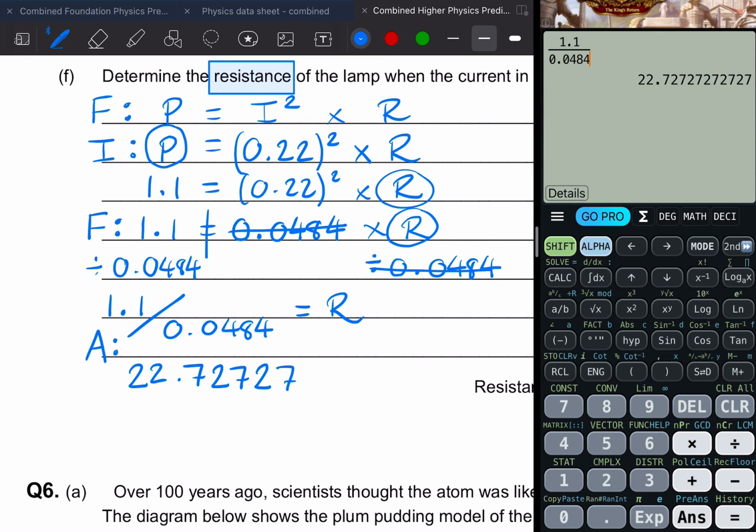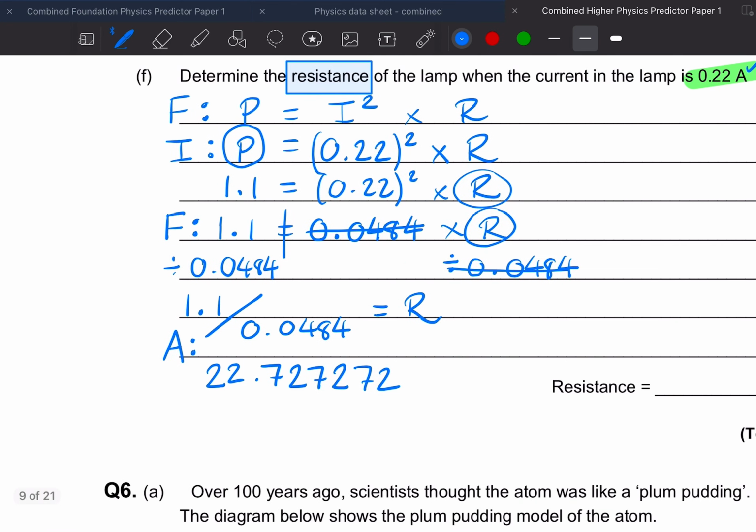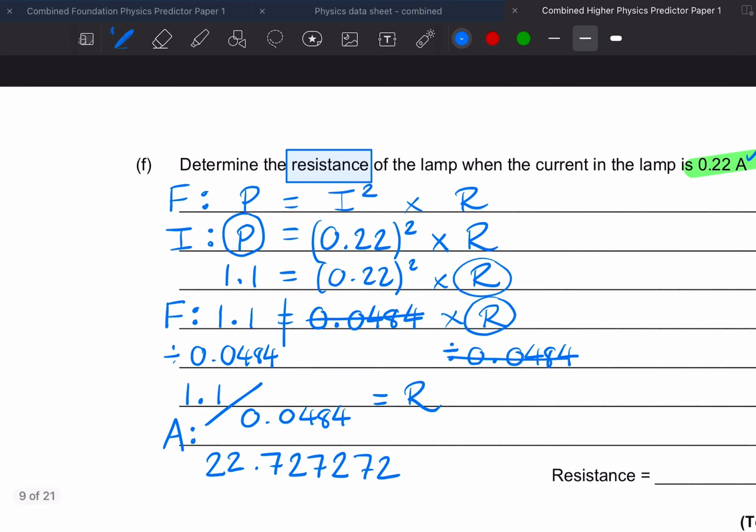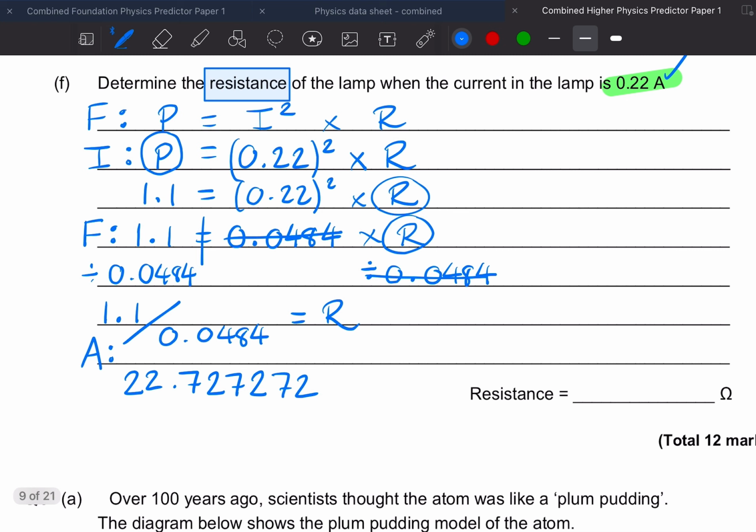I think that's right enough. The reason I put the answer in and don't just write that on there is because I might need to convert it to a number of significant figures. So let's see if it asks us to. It doesn't, but we can see that the current here is 2 decimal places. So we'll keep our answer the same.